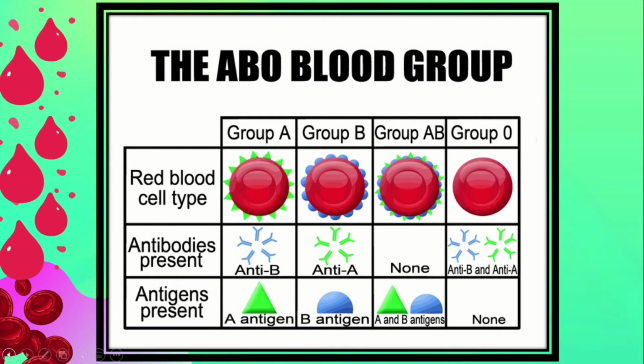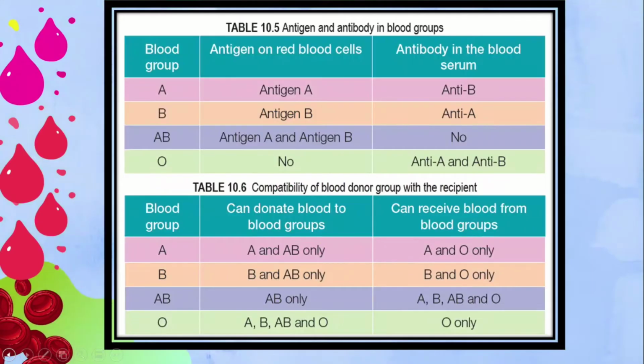This diagram shows the ABO blood groups with the antibodies present and antigens present. Blood group A contains antigen A on the red blood cell and anti-B in the blood serum.